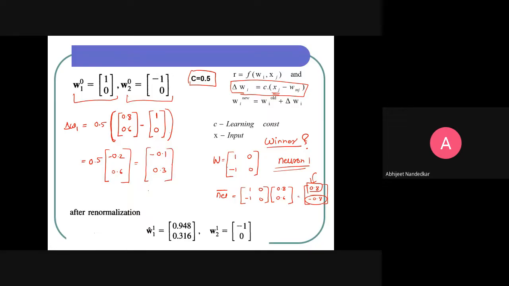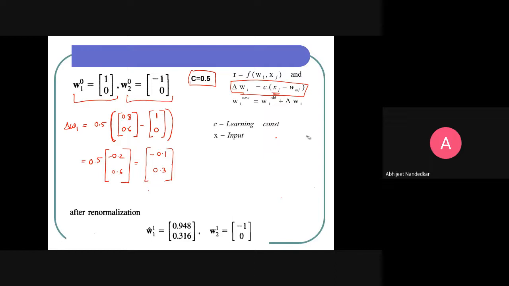So this is the change in weight for the first time. Now this change in weight you are going to add to the existing weight, and it will give you the new weight for the first neuron.